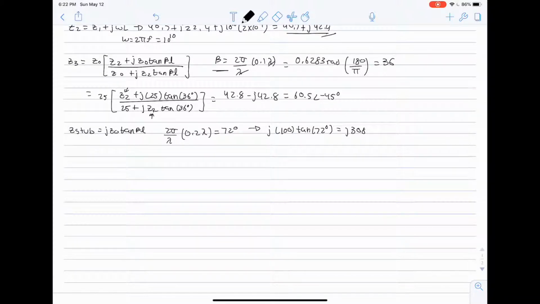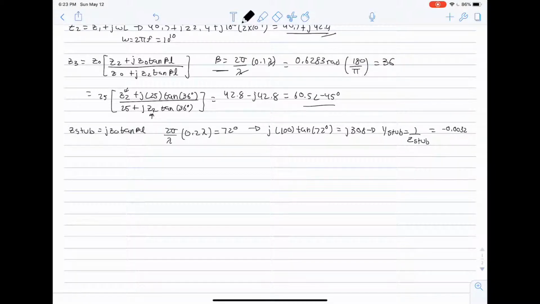Since this is in parallel with the equivalent impedance we calculated earlier, we have to convert this into admittance. So Y stub equals 1 over Z stub, and this gives us negative j0.0032.